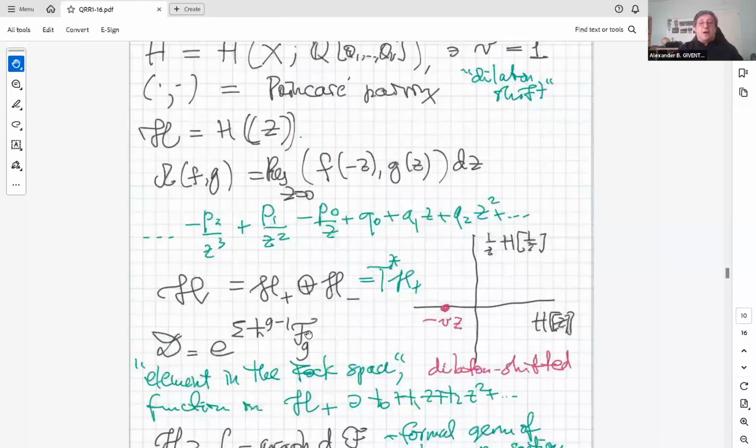But now we shift the origin. For some reason, we shift the origin to the point with minus v times z, and v in our real life is just the unit, so minus 1 times z. 1 is a vector in cohomology, and so this is a formal function in the neighborhood, not of the origin, but of this shifted point.